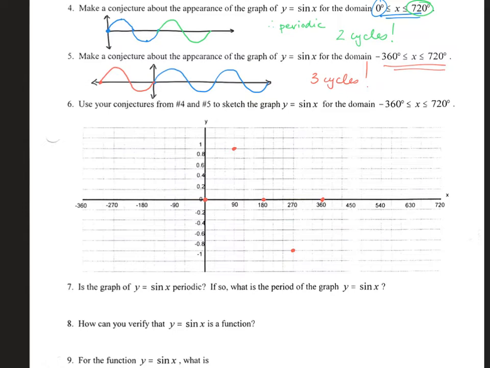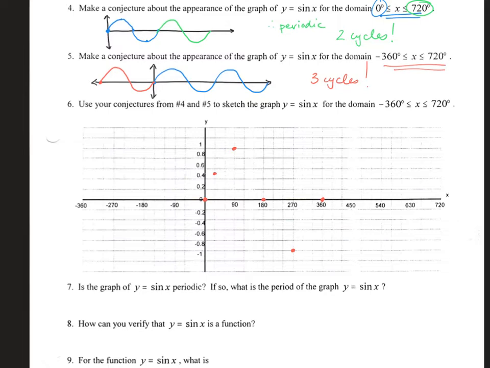Now, some of us may be able to connect that with a smooth curve, knowing what we know about our sine curve, and create a pretty decent graph. Others might struggle with it. So my recommendation is to put in all of your half values. We know that at 30 degrees, our sine value is a half.